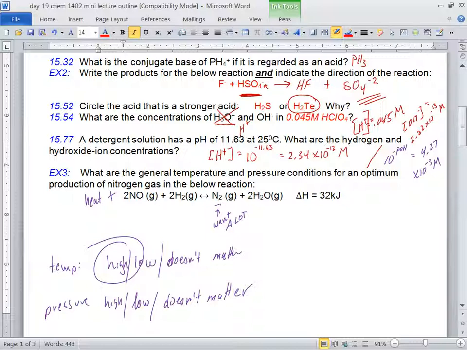How many gas molecules, everybody, over here? Does everyone agree there's 4 gas molecules? How many on this side? 3.